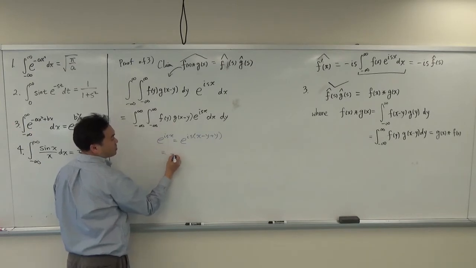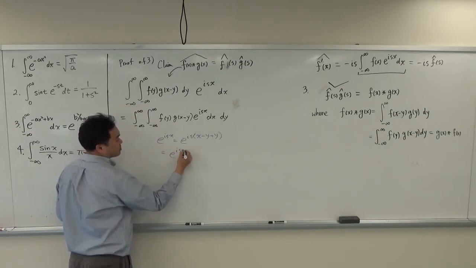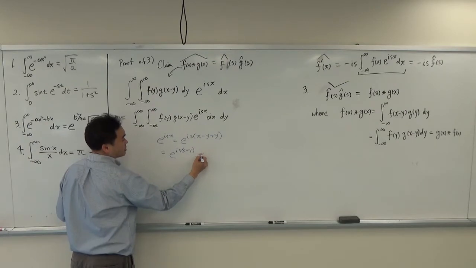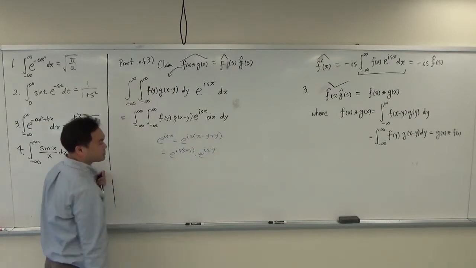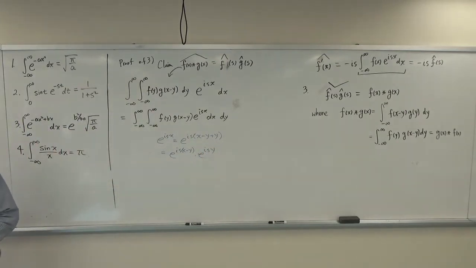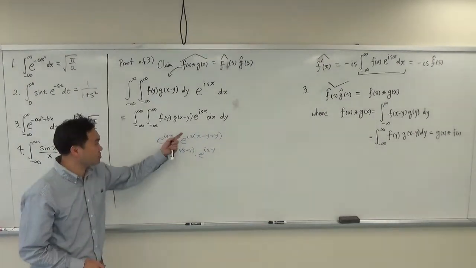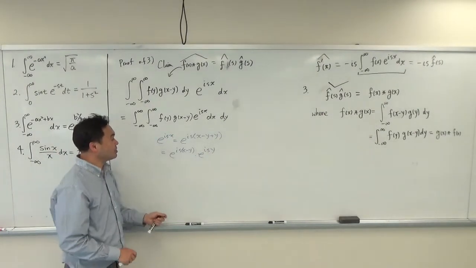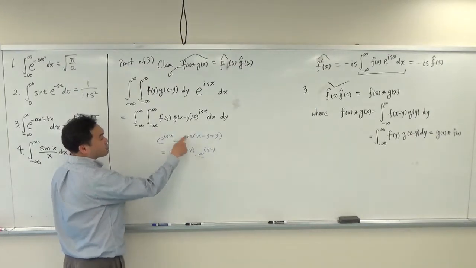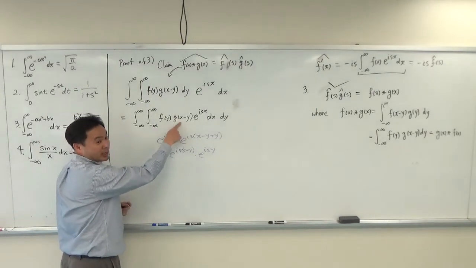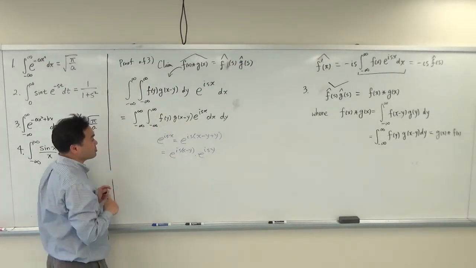So that's going to be e to the is(x minus y), and then e to the isy. How's that? Yes? Is there a reason why we have to write it like that? Well, you'll see. I replace this by this, then suddenly this part looks like x minus y. So that's the reason.